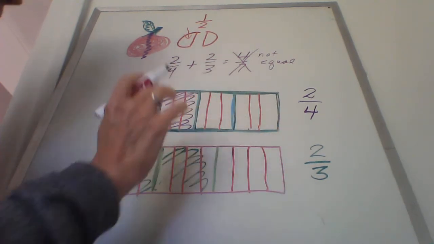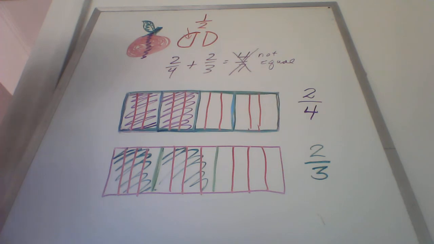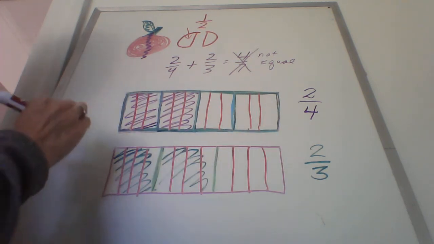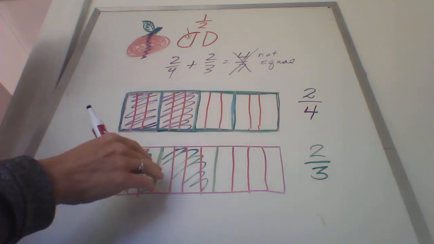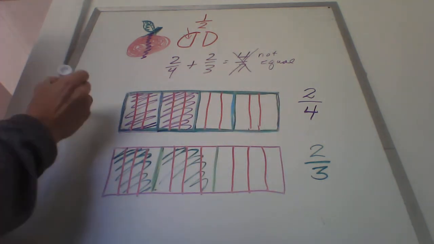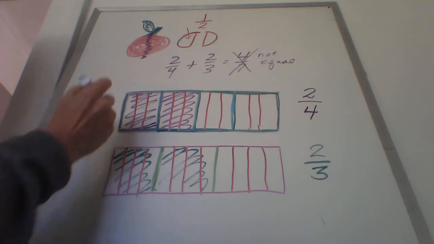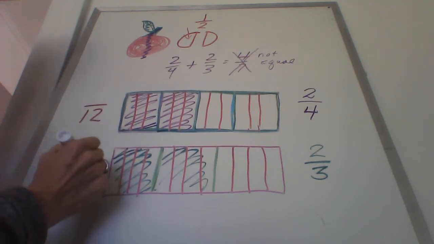My drawing, they're not perfectly even, but you'll get the idea. So now each of them has 12 pieces. So they're starting with the same base. Okay, so the base here is 12, and the base here is 12.